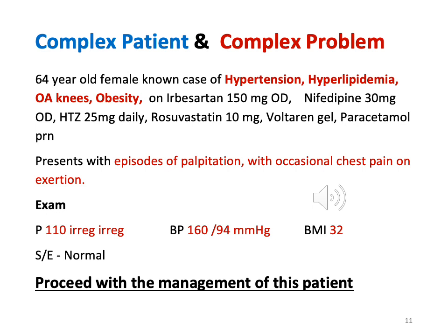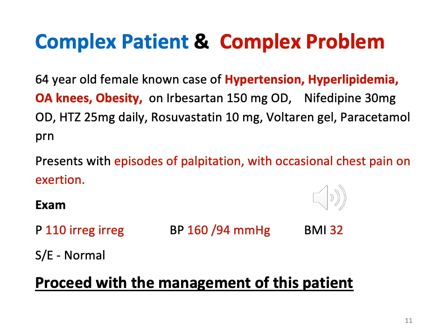It's a complex patient and a complex problem. Example, 64-year-old female, known case of hypertension, hyperlipidemia, osteoarthritis knees, obesity, on multiple medications: irbesartan, nifedipine, hydrochlorothiazide, rosuvastatin, and Voltaren gel, paracetamol as and when required. Presents with episodes of palpitation with occasional chest pain on exertion.